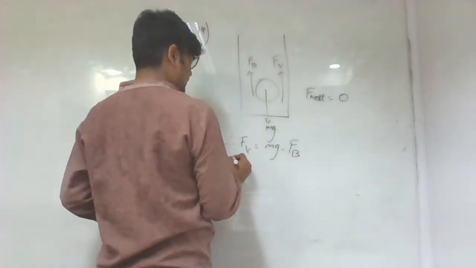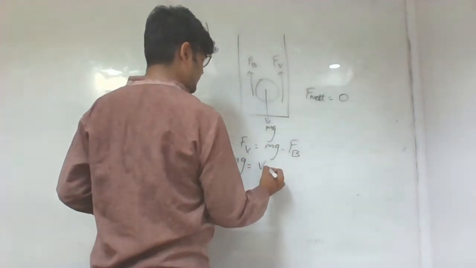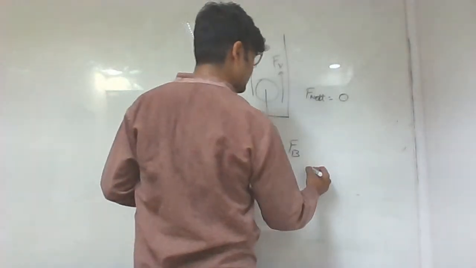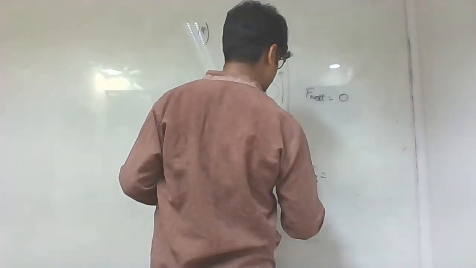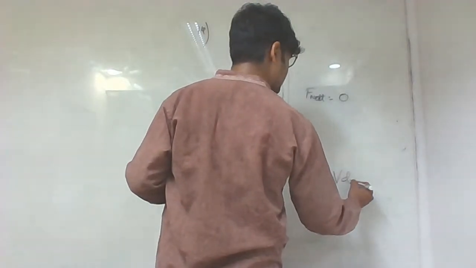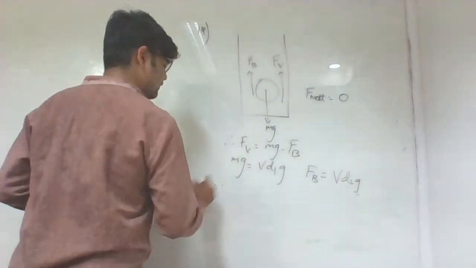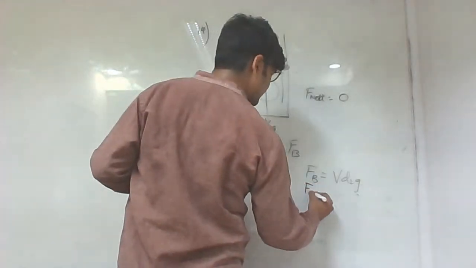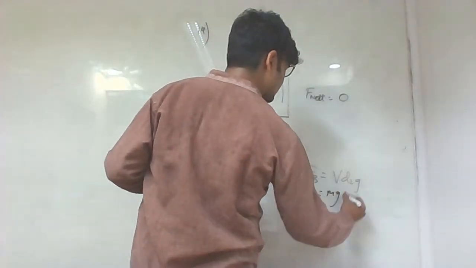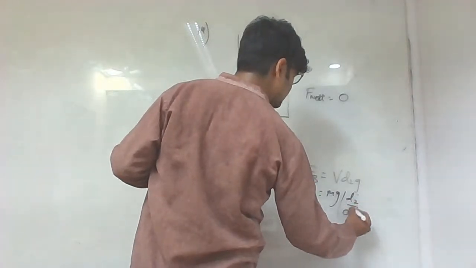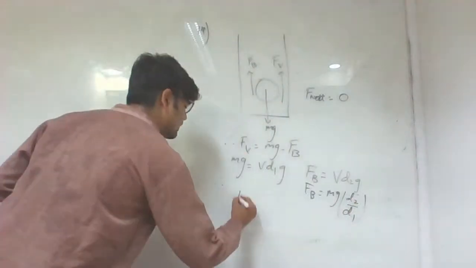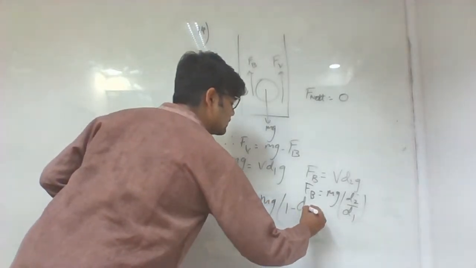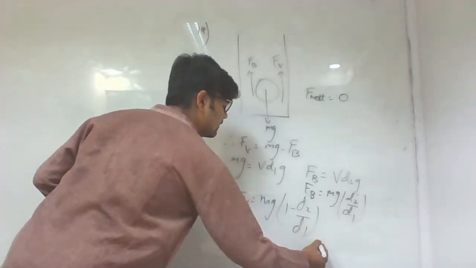Now, mg is V into d1 into g, and Fb is V into d2 into g. Therefore, Fb is mg into d2 upon d1. As simple as that. So F viscous comes out to be mg into 1 minus d2 upon d1.